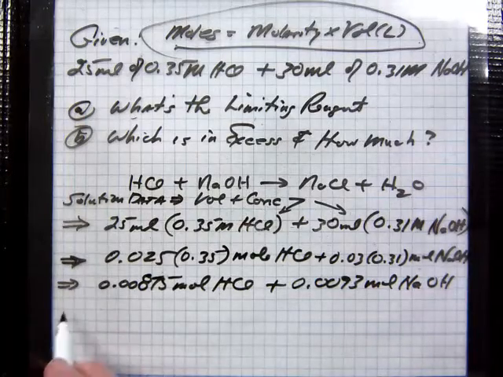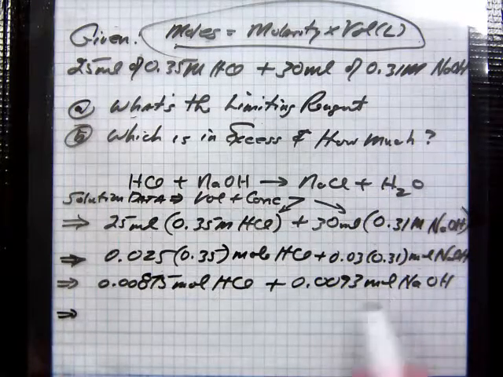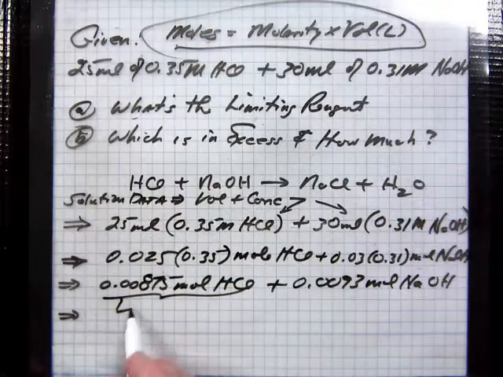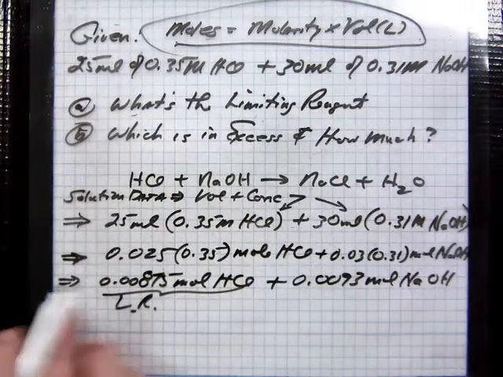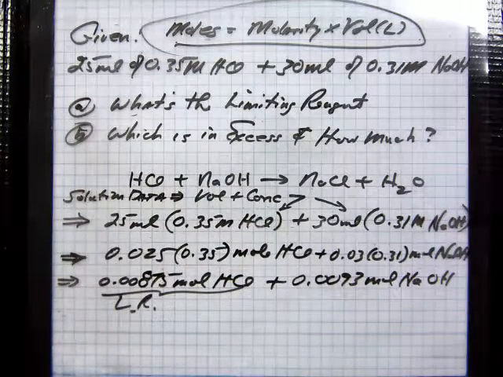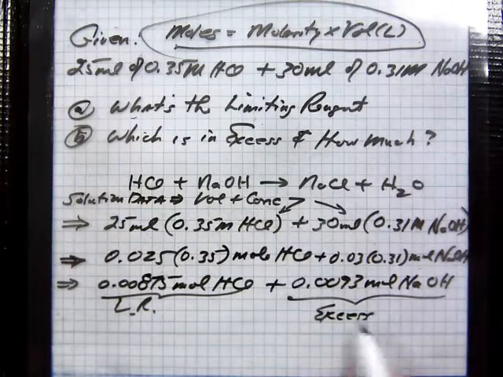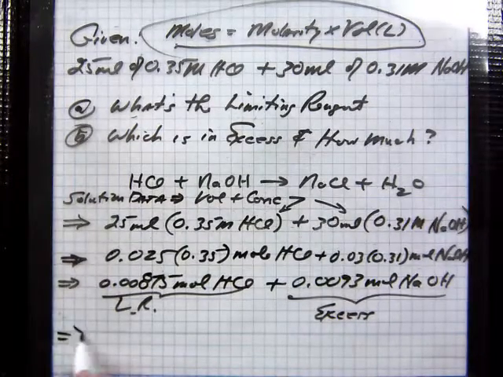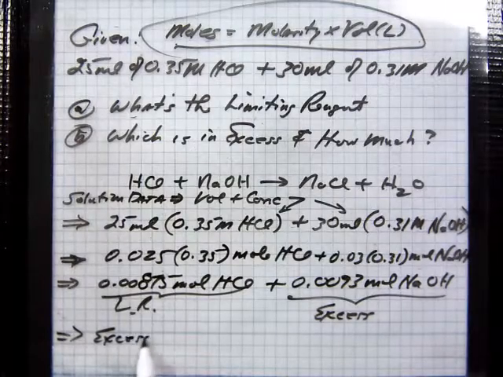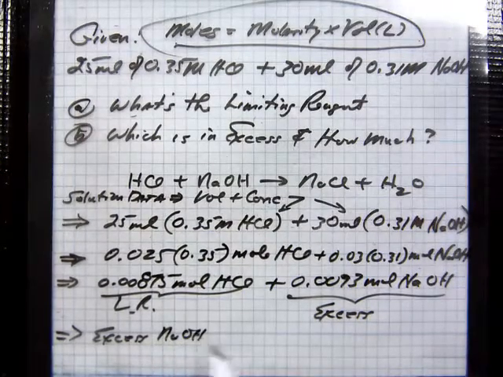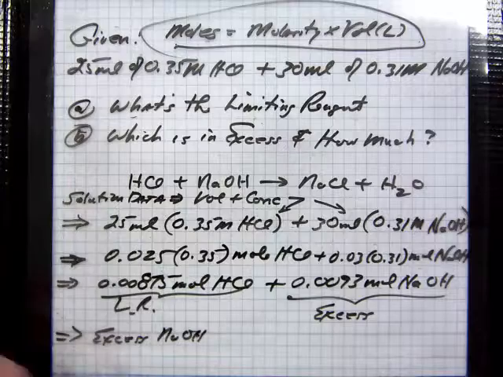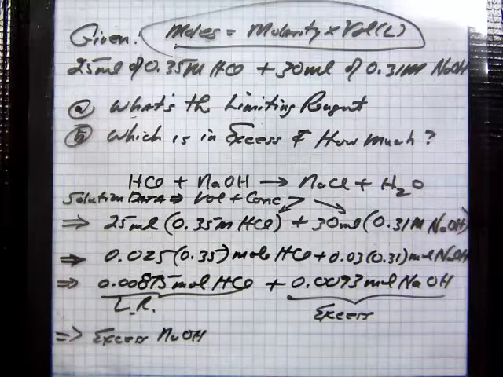And so what do we have? Well, this is the limiting reagent, the smaller number. So it's gone, but this will remain in excess. It's a larger number. By how much in excess? So we go excess NaOH is however much is used up, because we're using it in a 1-to-1 reaction ratio.